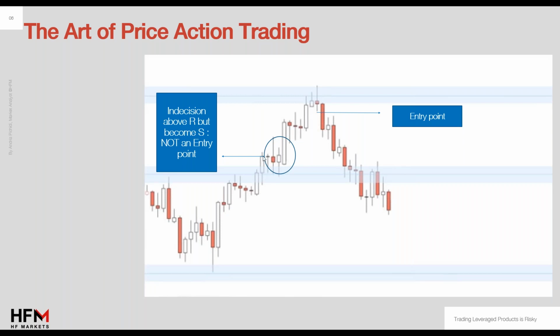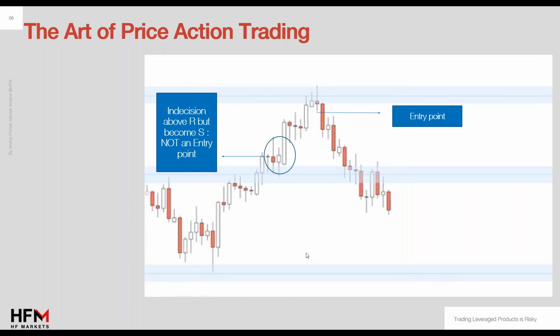Another candle came bullish. That could be a possible entry point, but it's a bit risky to be an entry point. Why is that? Because we're not sure whether this is just an overbought condition and will get back to its ranging market.